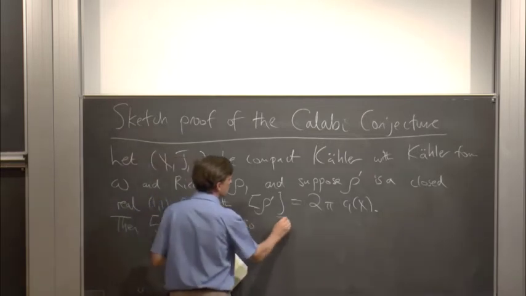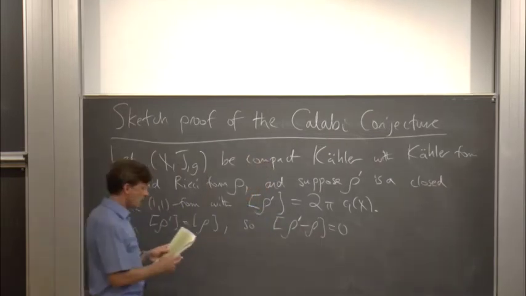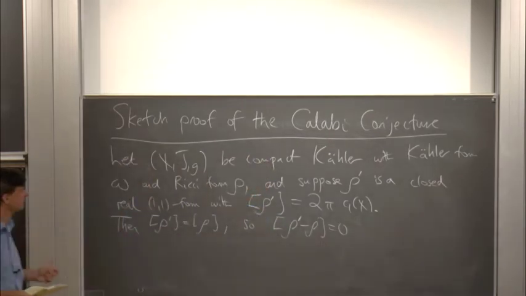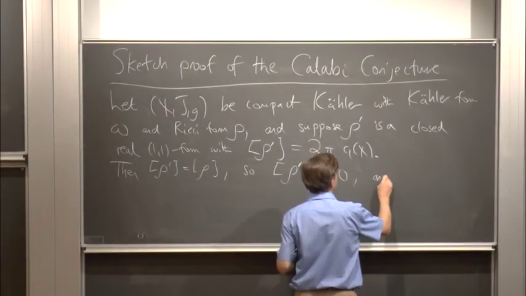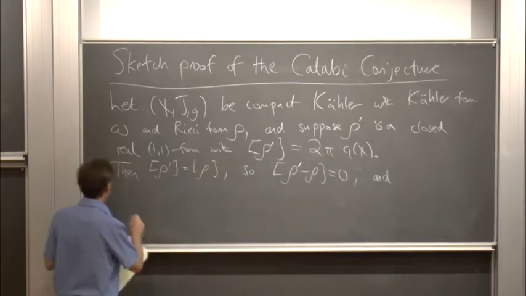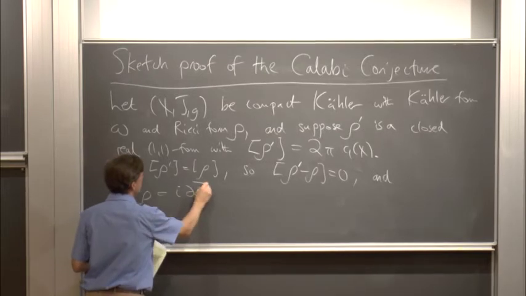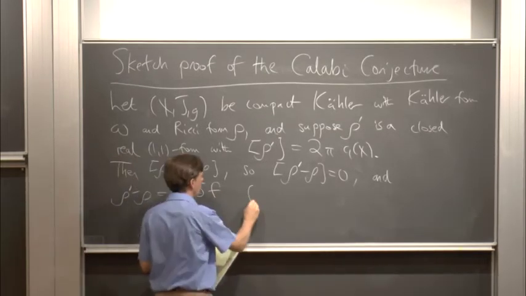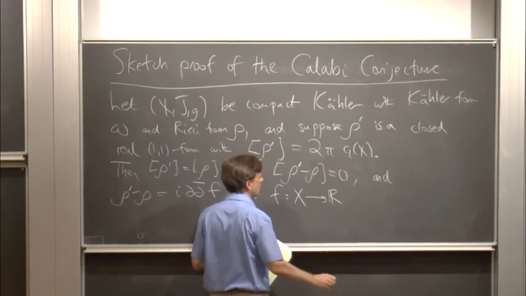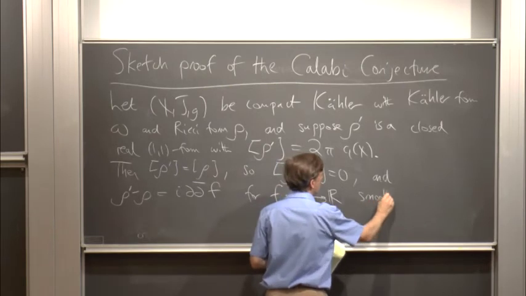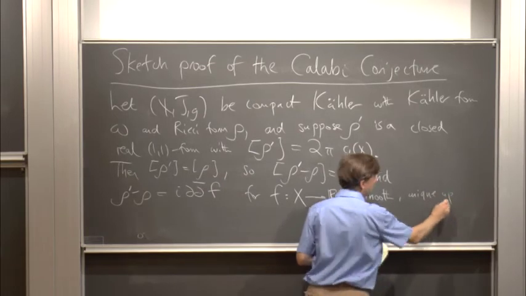So therefore the de Rham cohomology class of rho prime minus rho is 0, and it's an exact real (1,1) form. And now we can apply the dd-bar lemma. So we get that rho prime minus rho is i d d-bar of f for f going from X into R smooth, and unique up to addition of a constant.